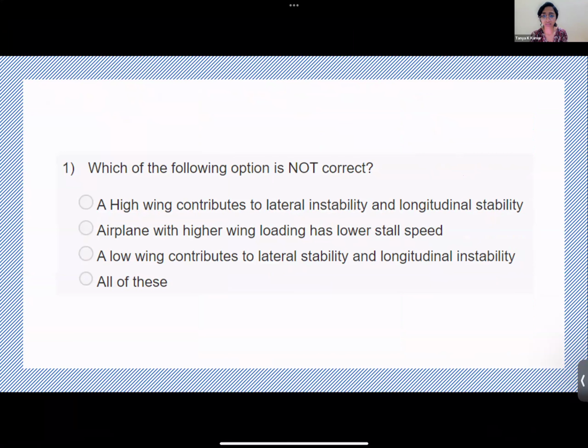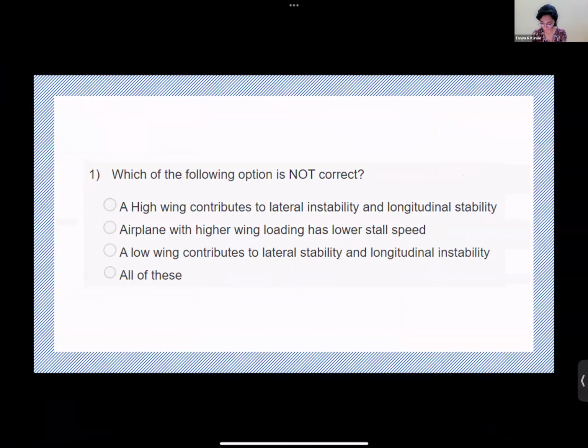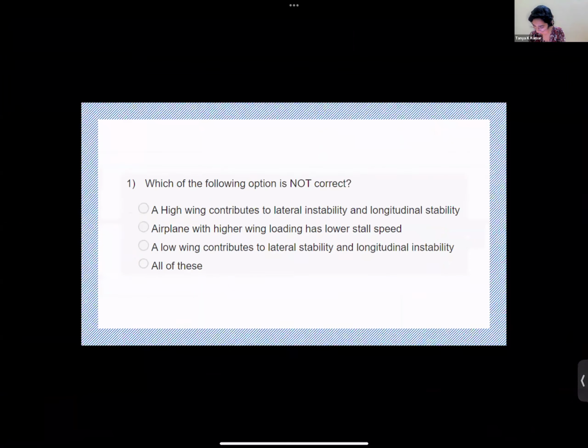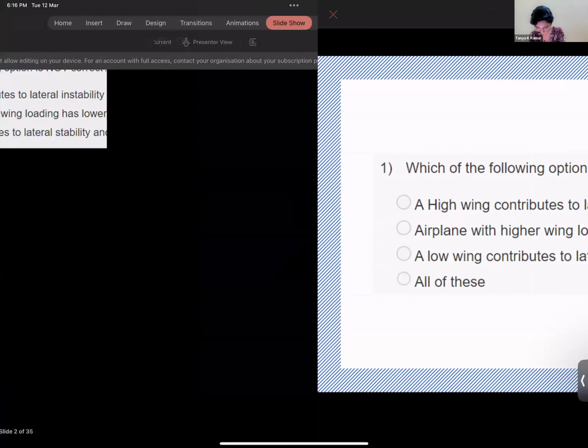Can you tell me? Can anyone just try? Well, let me just try to figure out why I'm not able to erase this.